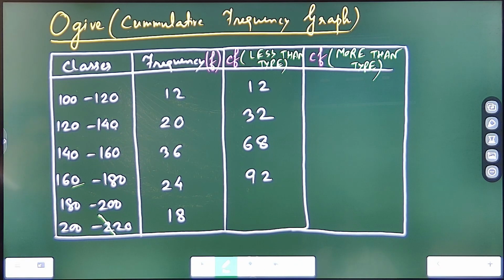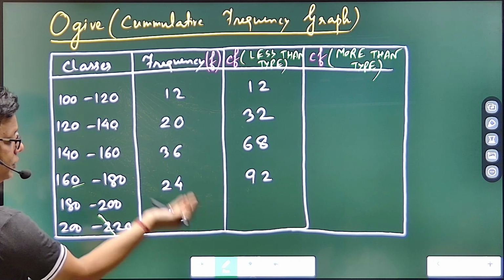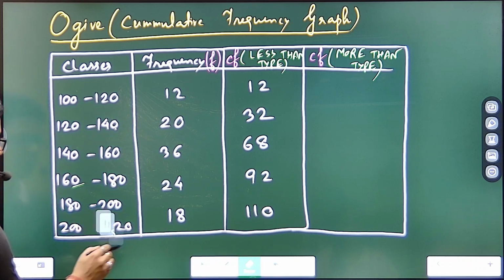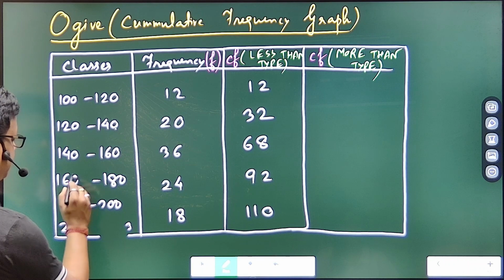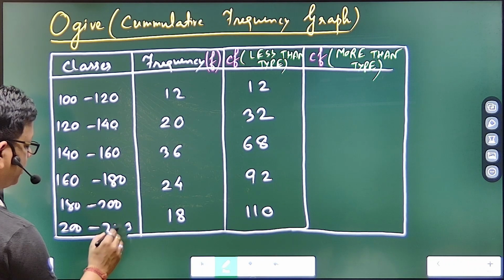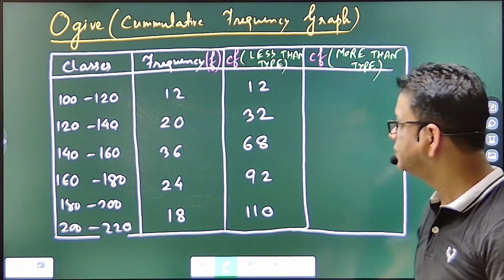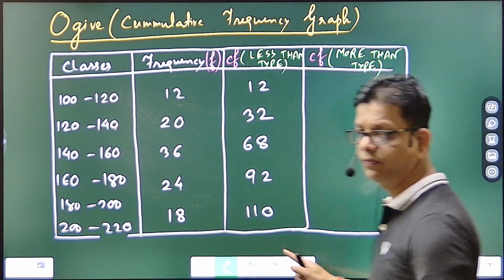Correct? And then less than 200, all these are less than 200, so 18 plus 92 will be 110. Right? Try to understand what I am trying to explain to you. If I would have given it marks, it would be much clearer. Is it okay? Any doubt?